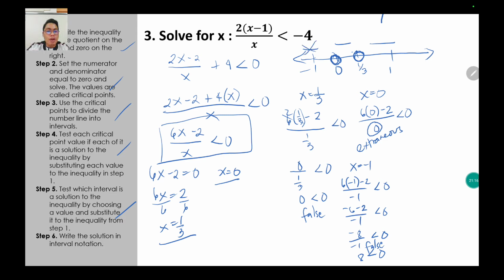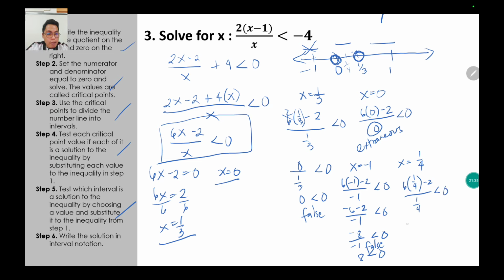So dito sa 0 and 1/3, we can use 1/4. Magdadagdag lang tayo ng 1 dun sa denominator. That seems to be lower than 1/3. So x equals 1/4. 6 times 1/4 minus 2 over 1/4 less than 0.